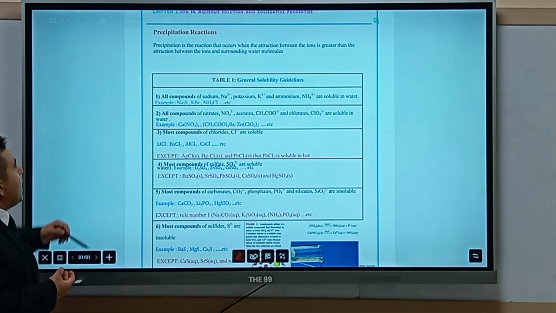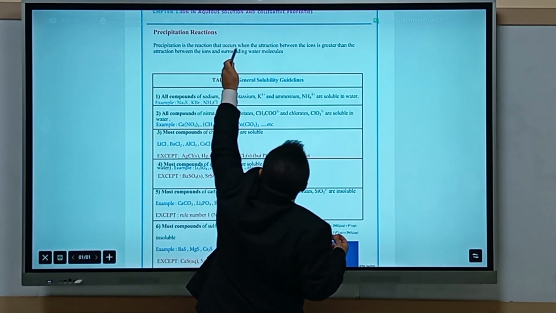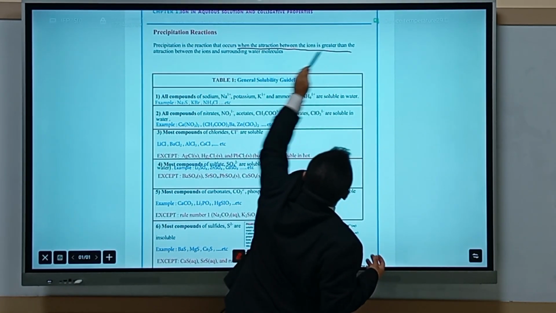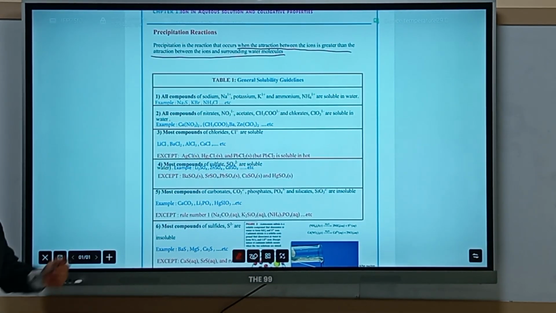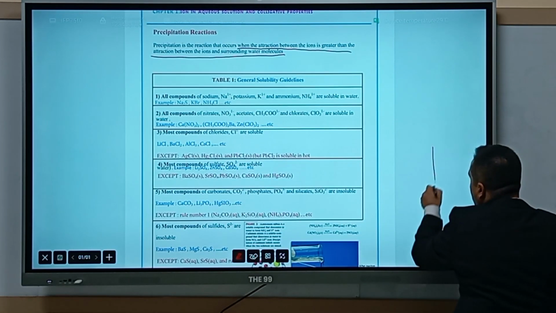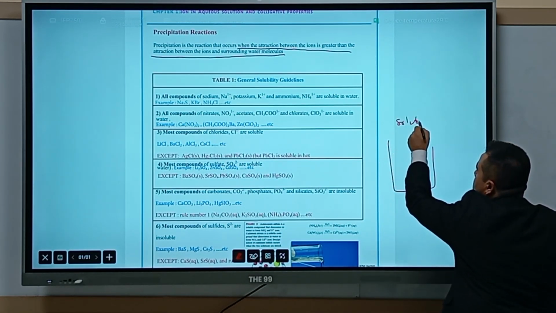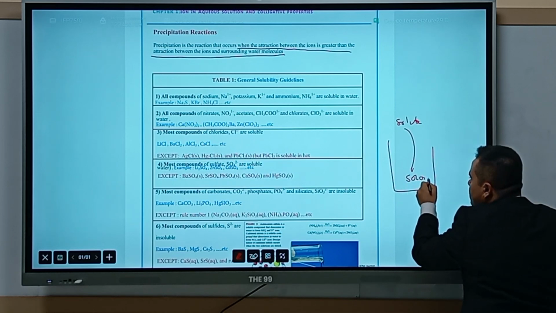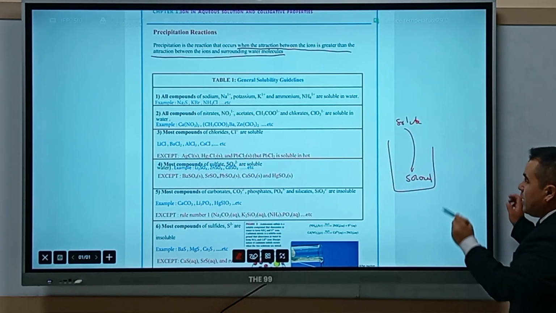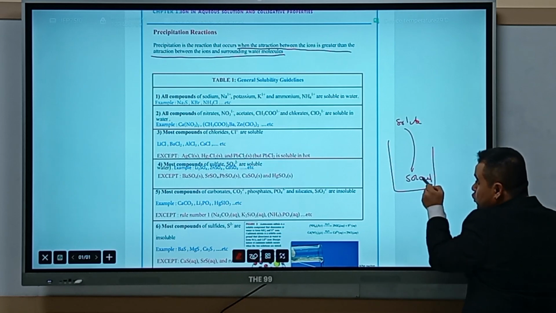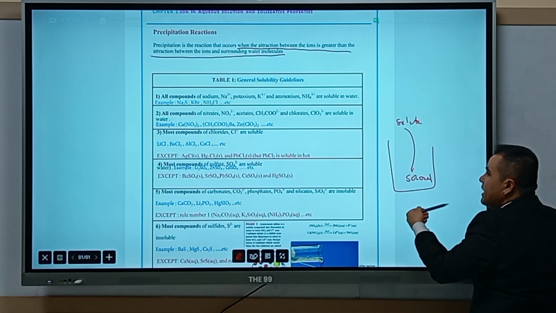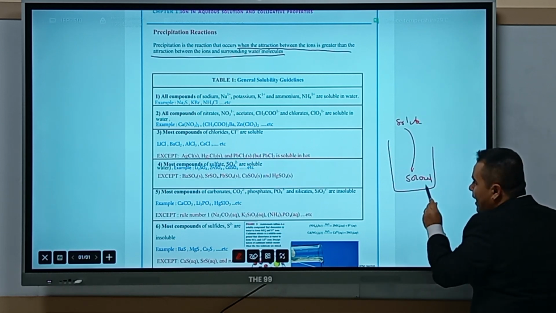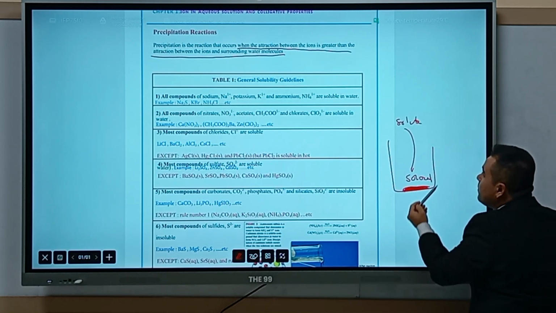What do you mean by precipitation reaction? It's a reaction that occurs when the attraction between the ions is greater than the attraction between the ions and surrounding water molecules. Whenever we add a solute into a solvent, we'll be talking about the attractions between solute and solute, and solute and solvent. By a precipitate, we mean a salt that does not dissolve and stays undissolved at the bottom of the container or settles out.